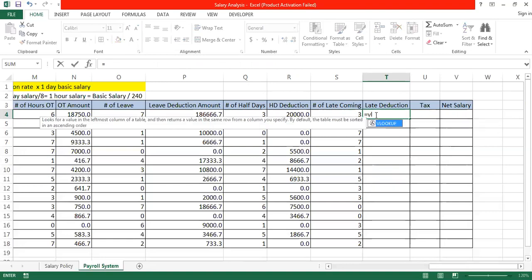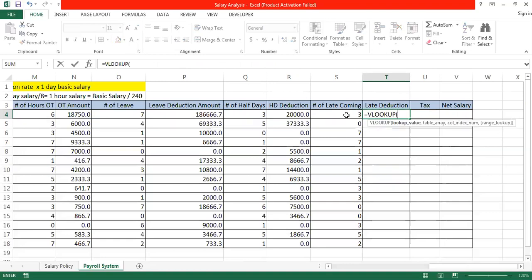So by using VLOOKUP, I want to look up number of lates in the late coming group name I have already defined, comma, then we have, you can see, late coming deduction. After late coming deduction, what column index number do we have? Rate of late comings is in the second column, exact match.